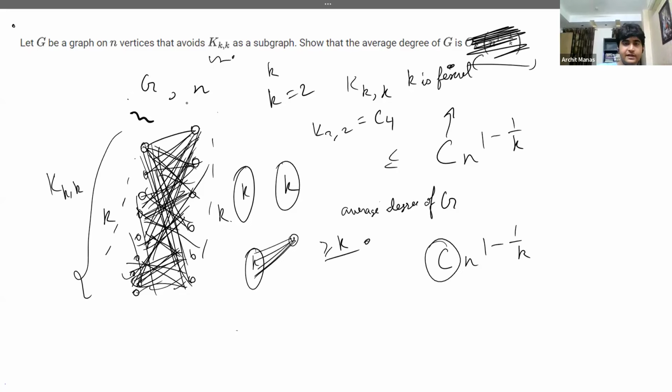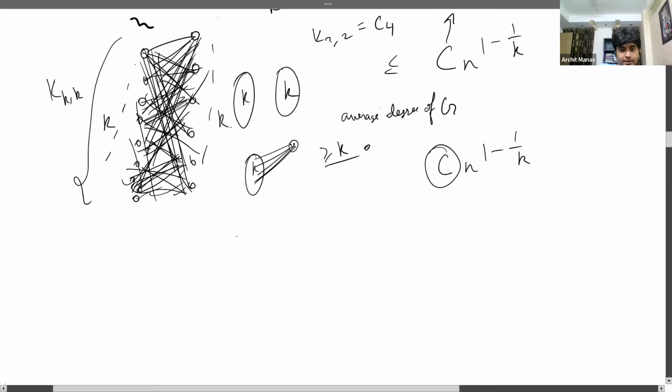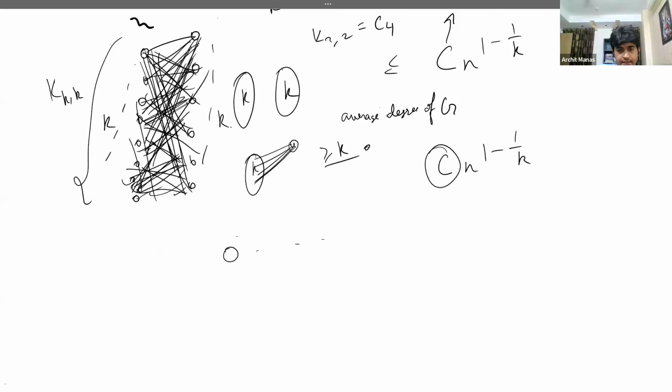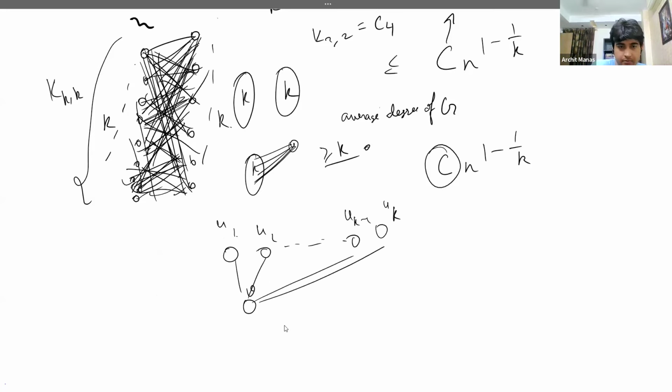Okay, so let's say we fix a certain set of vertices u1, u2, all the way till uk. And let's say you try to count the number of vertices v such that v is connected to all of them.